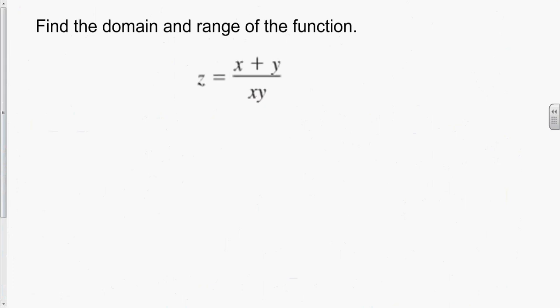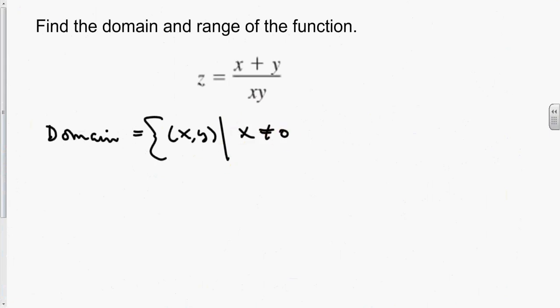You don't want your denominator to equal 0. So here, our domain is the set of all xy ordered pairs such that x cannot equal 0, or y cannot equal 0.